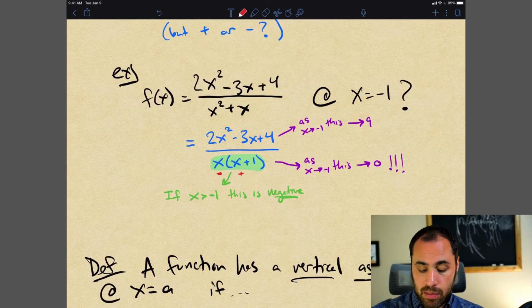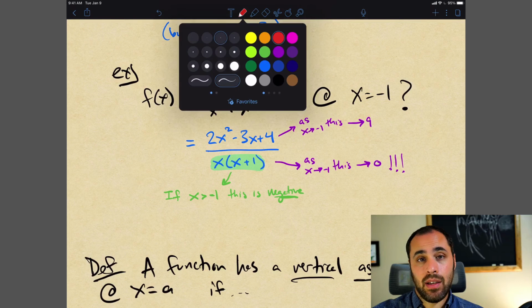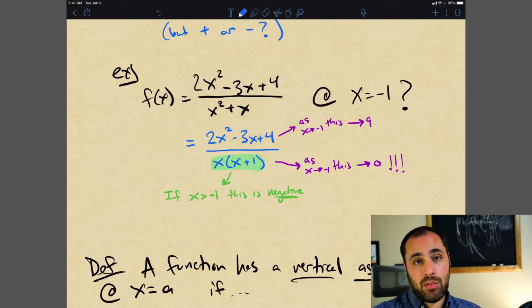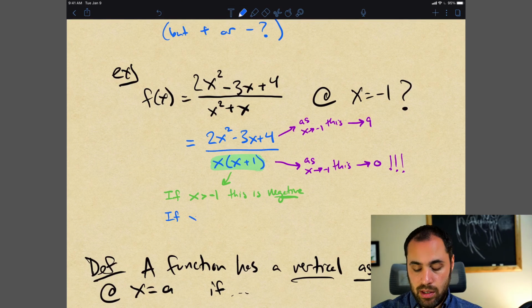A negative times a positive is a negative number. And so 9 over a negative number is negative. We would have a negative infinity limit as x approaches -1 from the right.